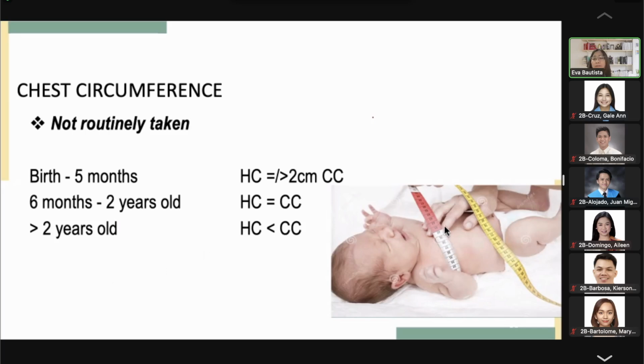So how do you make the measurement? The measurement is obtained at the level of the nipple line, taken during the phase between inspiration and expiration. Okay, so if the infant is crying, you do the timing in between inspiration and expiration, okay, or in a quiet infant. So at the level of the nipple line, that's where we make the measurement.